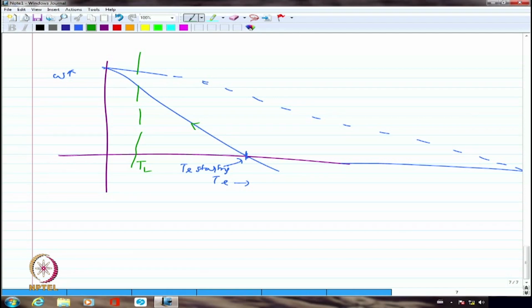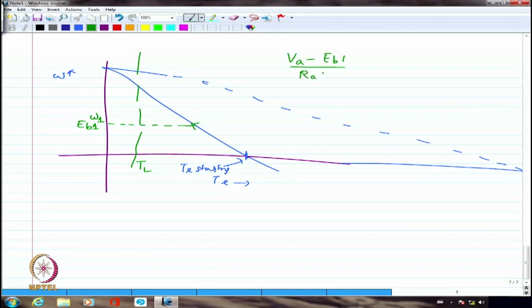As it accelerates, I definitely have a non-zero speed. So I will have some EB also generated. Maybe this is omega 1. Correspondingly, I have an EB1. So there is a back EMF being generated. Now this back EMF will definitely play a role in limiting the current.